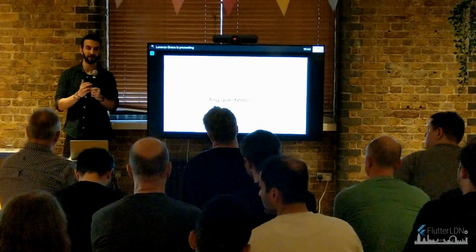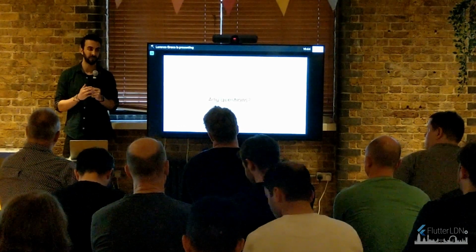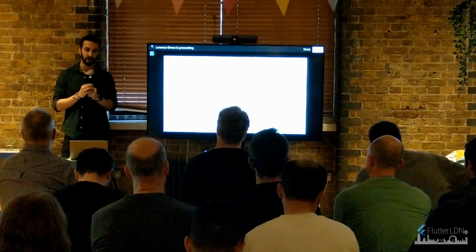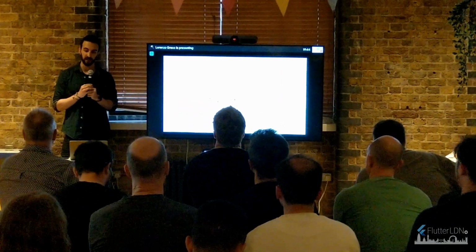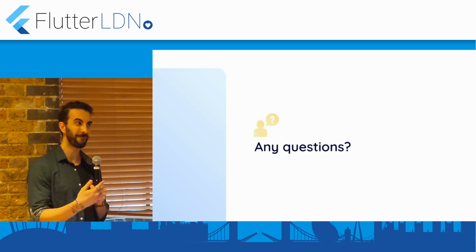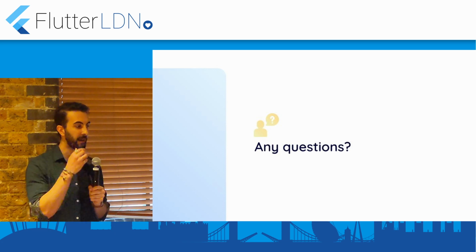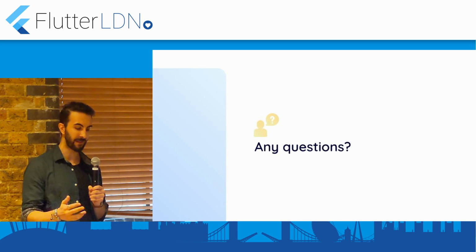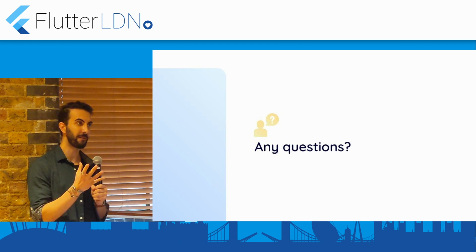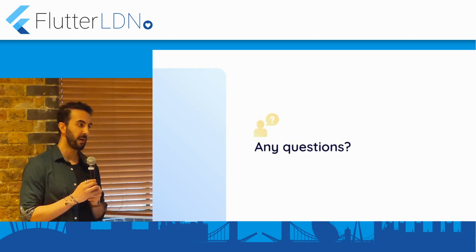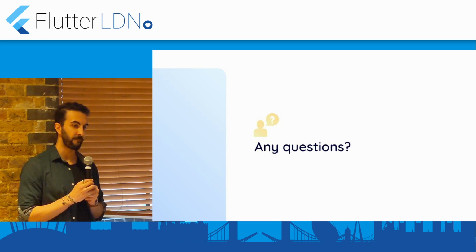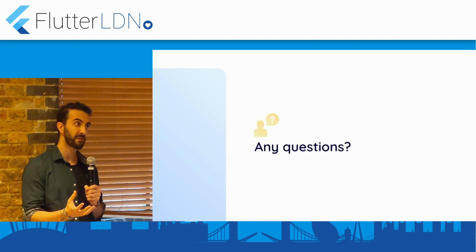Do you use robots for golden image tests? Yes, we also use that. Of course, I didn't have much time to show that, but I'll be happy to show you something maybe later. Basically, what we used in the past were golden tests embedded in a widget test.